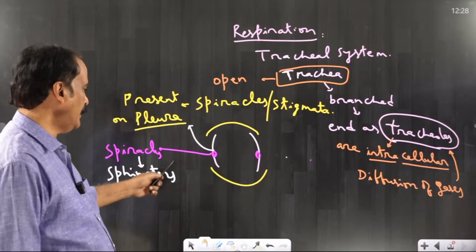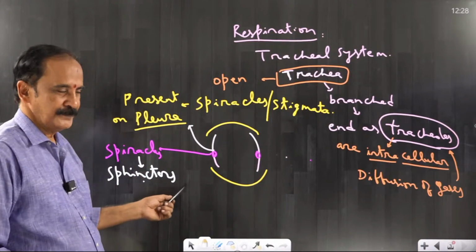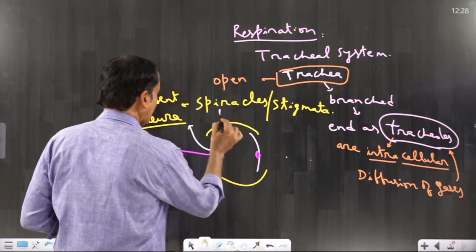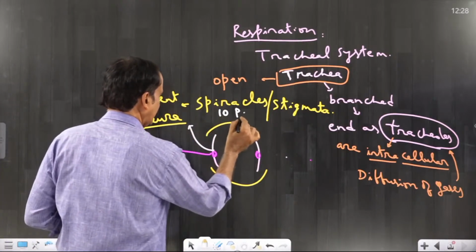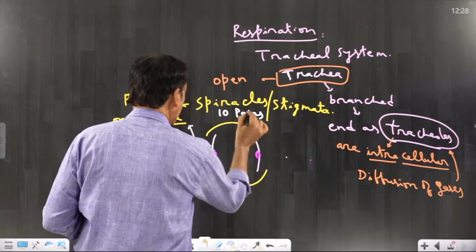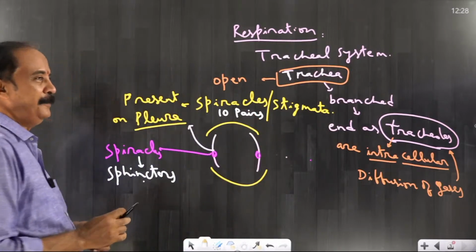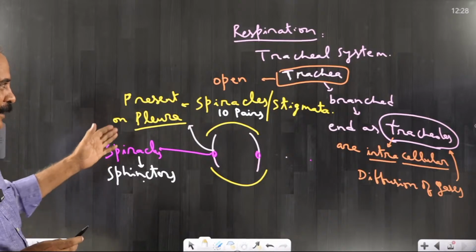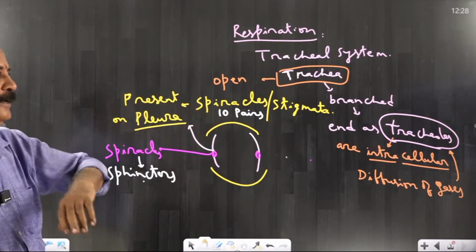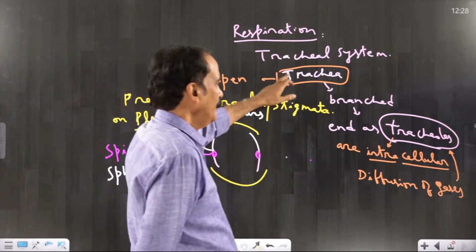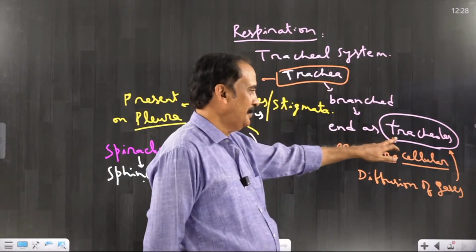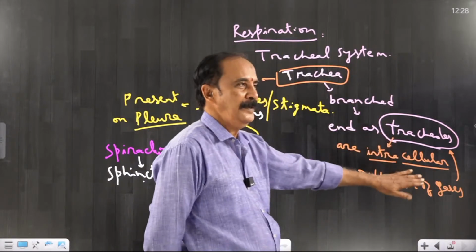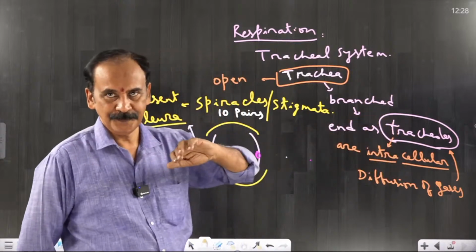So spiracles are regulated by sphincters, and cockroach has 10 pairs of spiracles. These spiracles help in intake of air into the trachea. From there it branches and finally reaches the tissues with the help of tracheoles, and tracheoles help in exchange of gases.